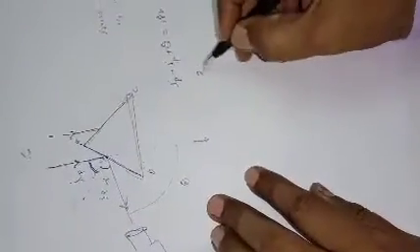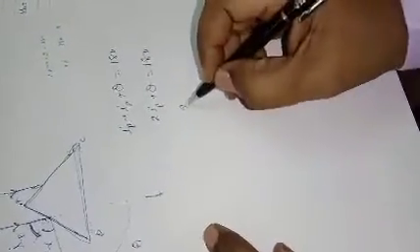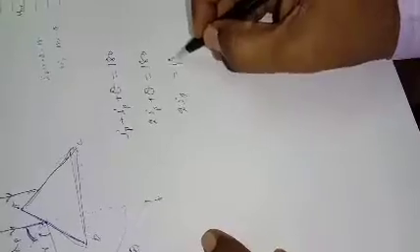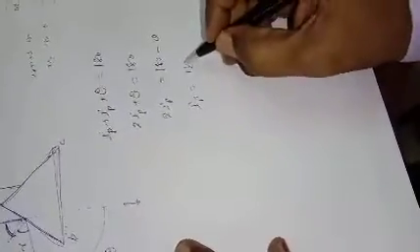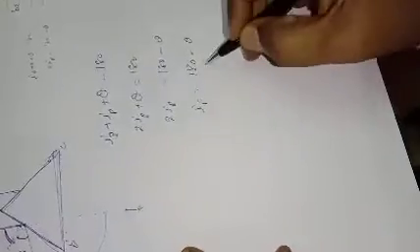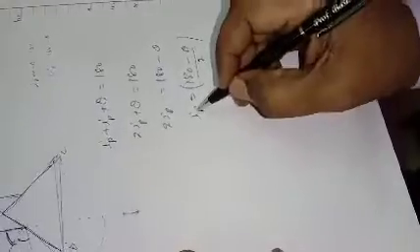So 2IP plus theta equals 180, or 2IP equals 180 minus theta, or IP equals (180 minus theta) divided by 2. Hence IP can be calculated.